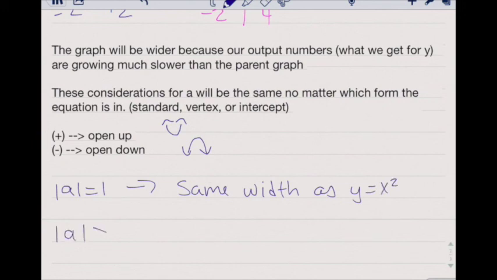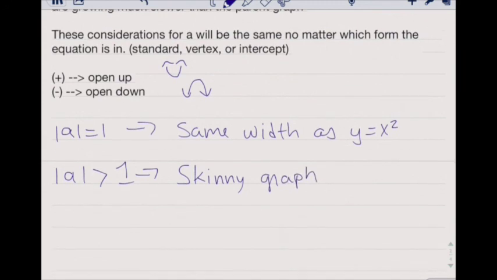A situation where the absolute value of a is greater than 1 implies a skinny graph. And the last case, a less than 1 in absolute value, implies a wide graph.